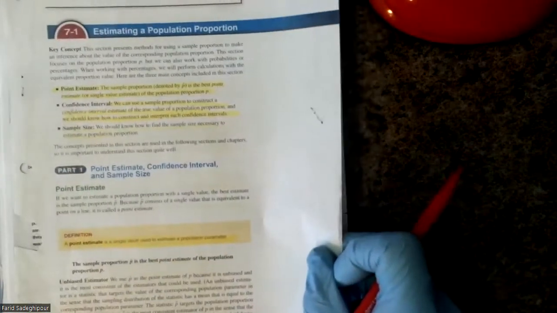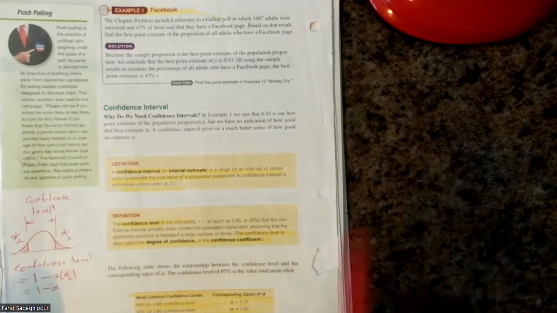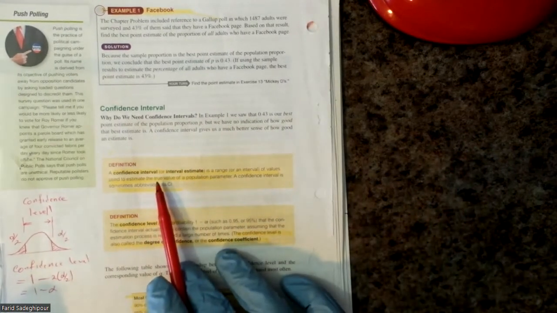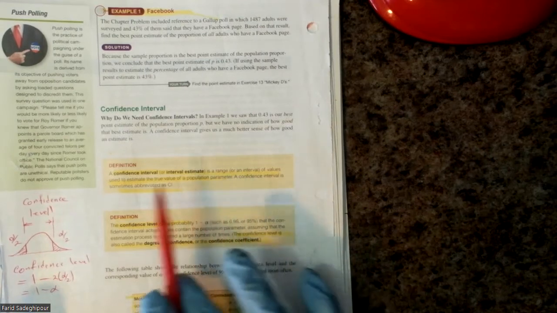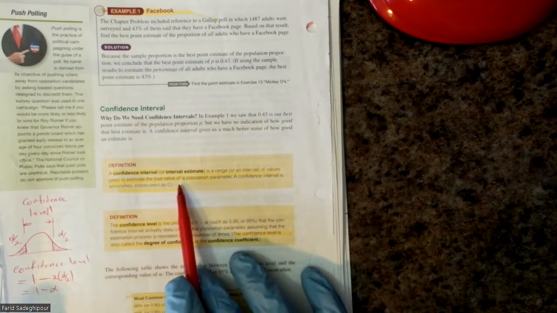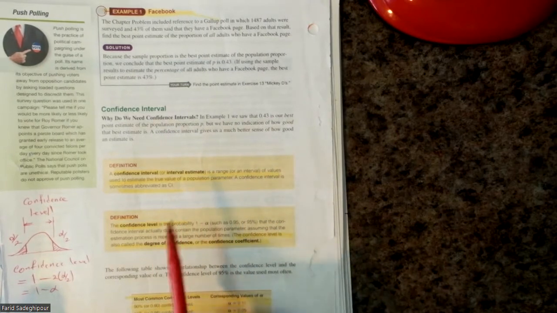Here, the point estimate is the single value used to estimate population parameters. Confidence interval, or interval estimate, is the range or interval of values used to estimate the true value of the population parameter.